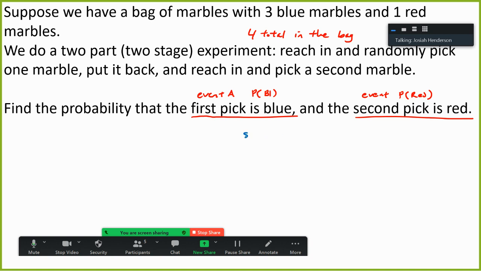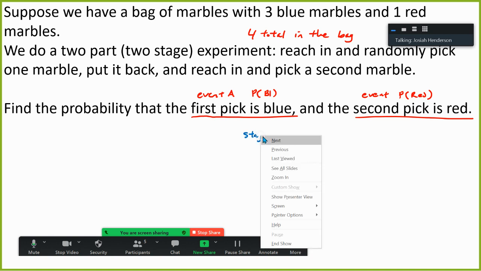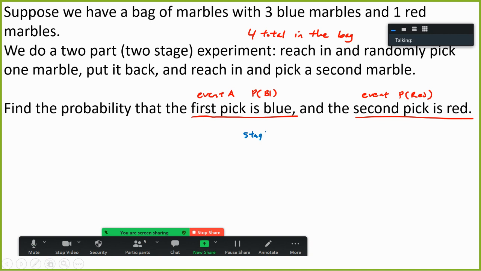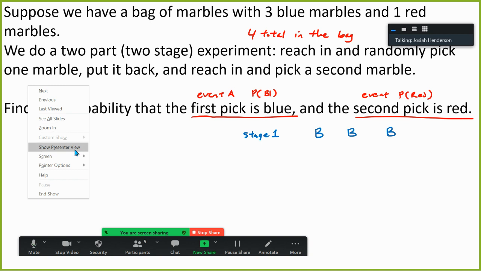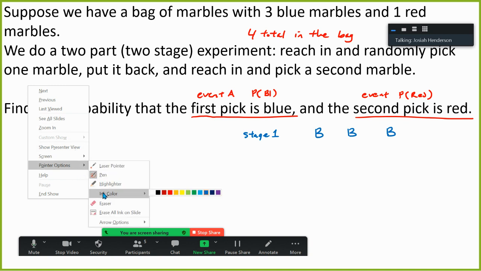So stage 1, we reach in, and what are our total outcomes that we could get? We could get 1 of the 3 blue marbles. So I'm just going to write B for blue. And then there's that 4th marble, which is red.